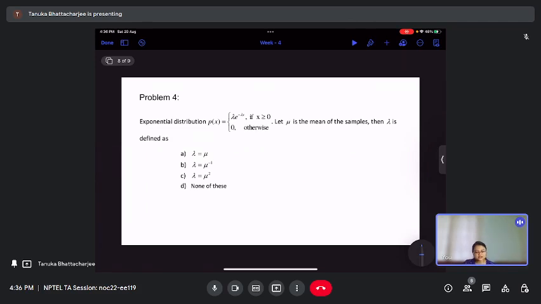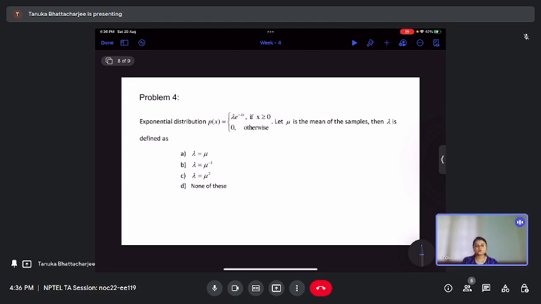Now, it is said here that let us say mu is the mean of the samples, or mu is the mean of this particular density function. Then, what is the relation between mu and lambda, that we need to determine. How we will approach this problem is, we will try to determine the expression for mu. Once we have the expression for mu, we will have some expression in terms of lambda, and we will try to determine the relation of lambda and mu from there.